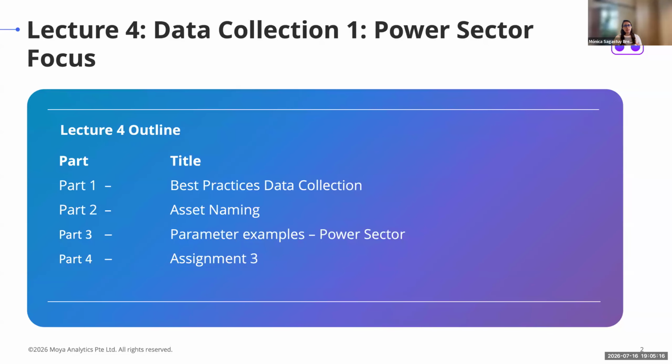Asset naming, so this relates to what a real technology is in Stevens. It's going to include a quick reminder and reference for you for the things that we have in Stevens currently. Some parameter examples.